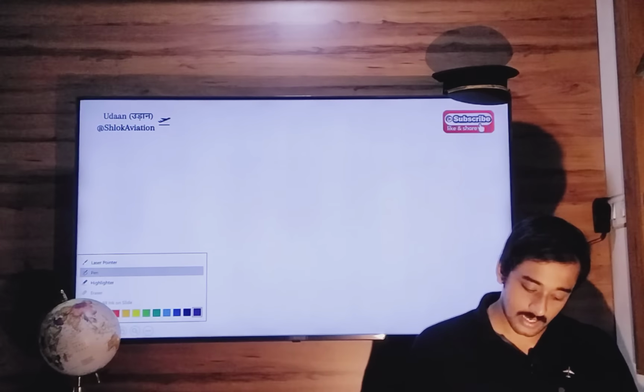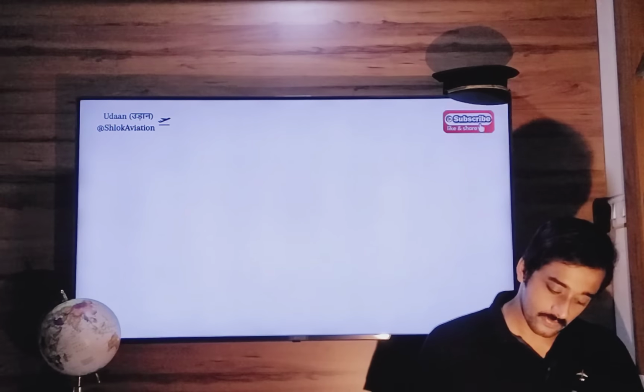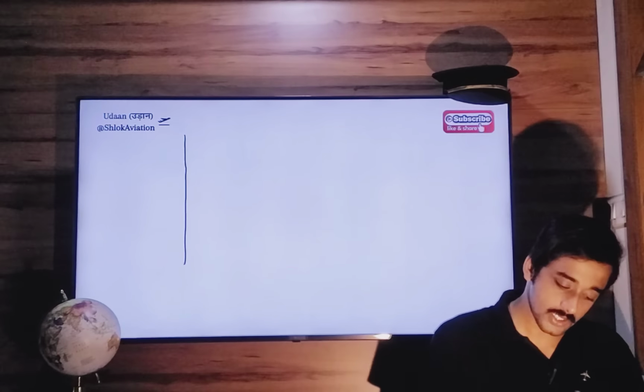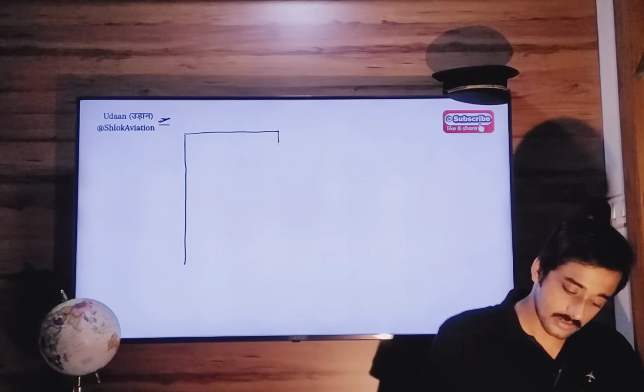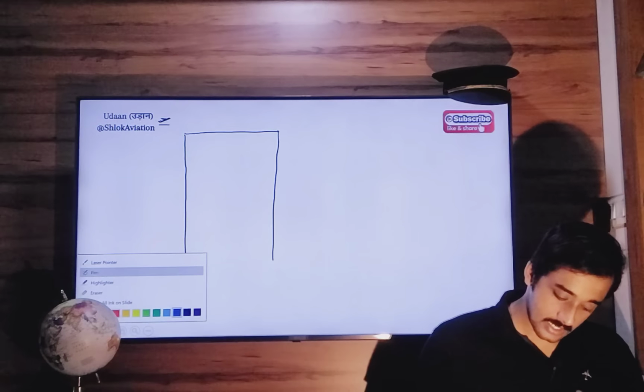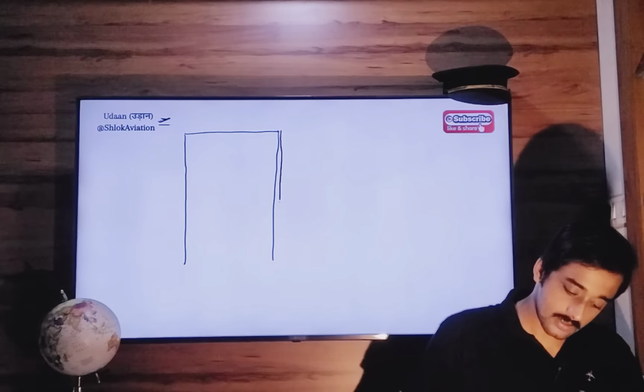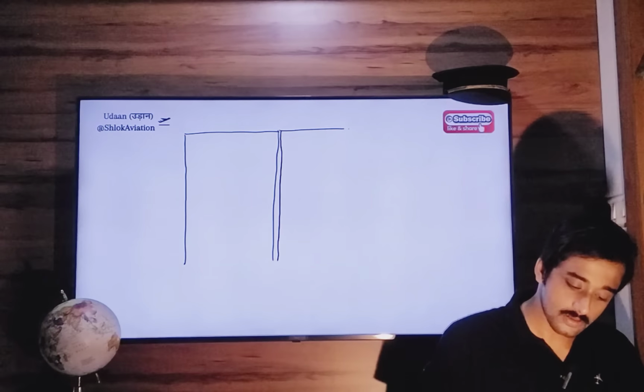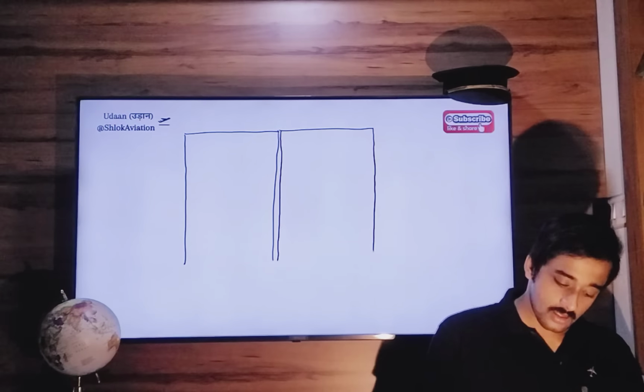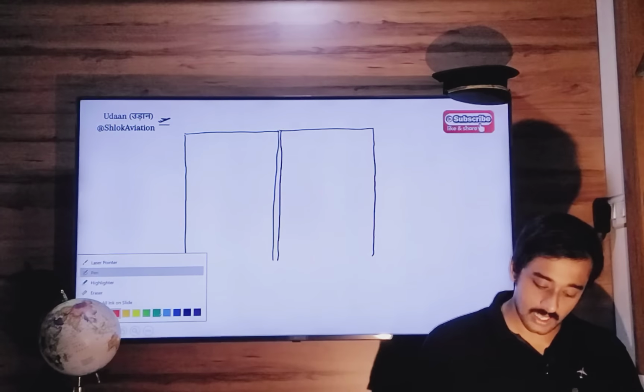Now I will tell this in short. Wherever you're flying from, let's say this is your cold air mass and this is your warm air mass. Now let's draw the pressure levels.